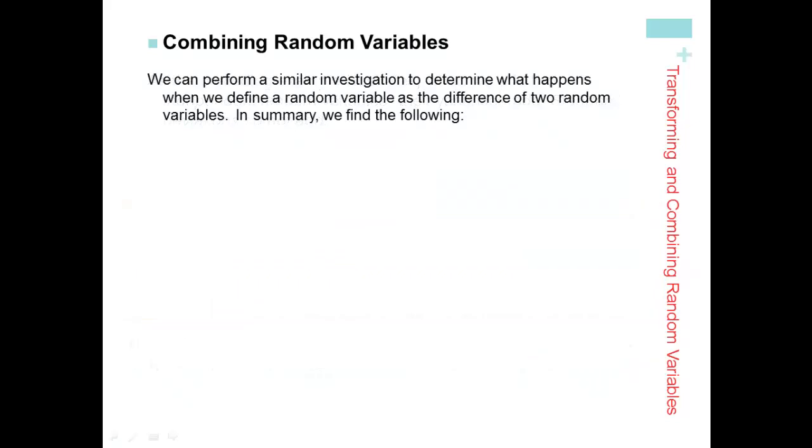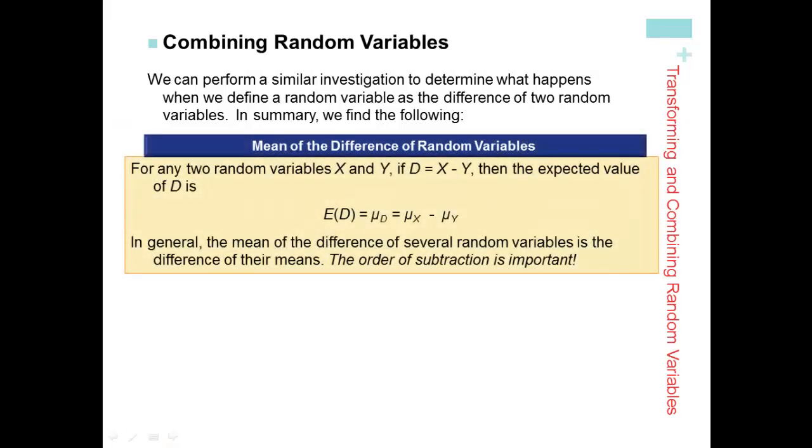We can perform a similar investigation to determine what happens as we define a random variable as a difference of two random variables. We're not going to; I'm going to summarize the findings below. The mean of the difference is calculated by mu sub X minus mu sub Y. So in general, the mean of the difference of several random variables is the difference of their means.